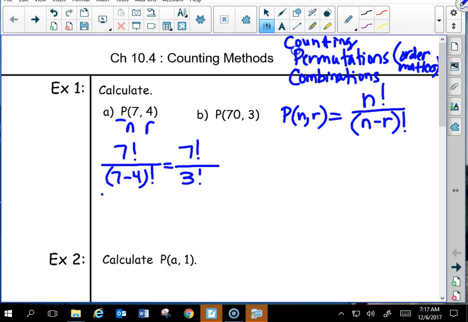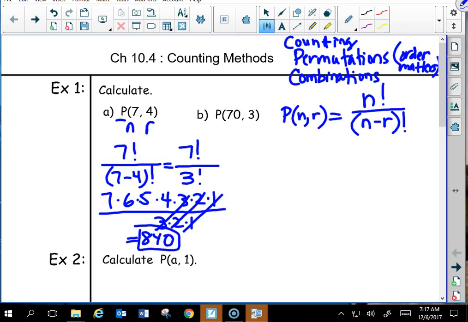Look, when I write out 7 factorial, 7 times 6 times 5 over 3 factorial, then I get some canceling here. And all I'm going to do is type in 7 times 6 times 5 times 4 to get the answer to this permutation, which turns out to be 840.